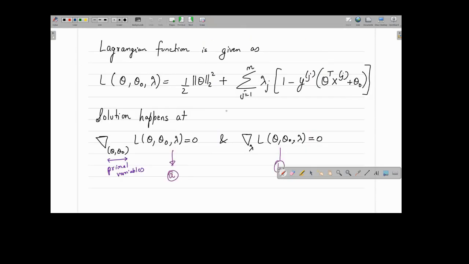You can try it yourself by forming the Lagrangian for this particular objective function, the one which we posed earlier. So this is the main objective function, and this is lambda_j times the factor here. Somebody can ask what this lambda_j is. Lambda_j is nothing but it's replaced with alpha. So what we were calling alpha is now lambda.